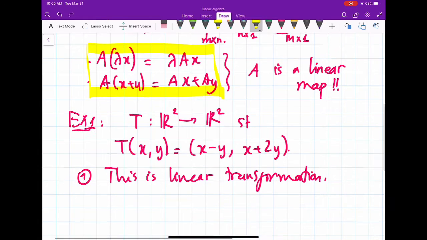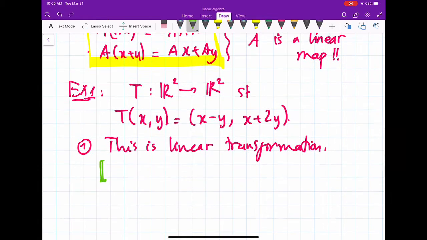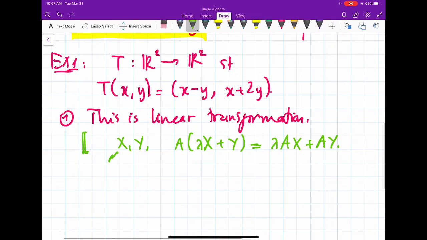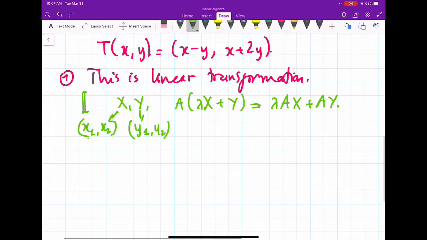We can check that easily. Suppose we have two vectors x and y. You need to show that T(lambda x plus y) is equal to lambda T(x) plus T(y). You can suppose that x is (x1, x2) and y is (y1, y2). There are two vectors, so you plug them into this formula to check.